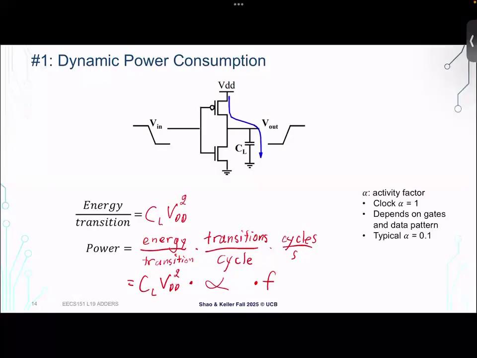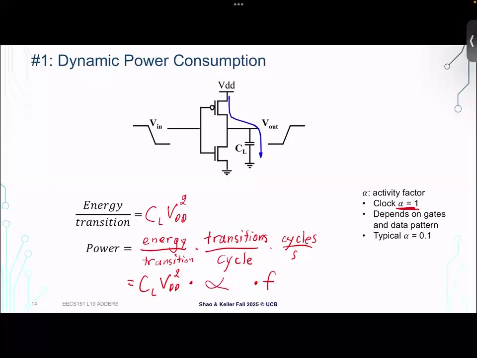Alpha is what we refer to as the activity factor. And this is a really key determinant of power in our digital circuits. So a clock, which toggles from 0 to 1 and then 1 to 0 every cycle, has the largest possible activity factor, which is 1.